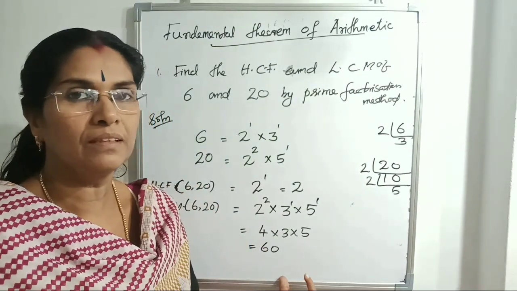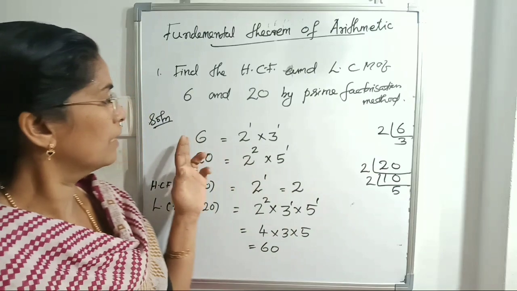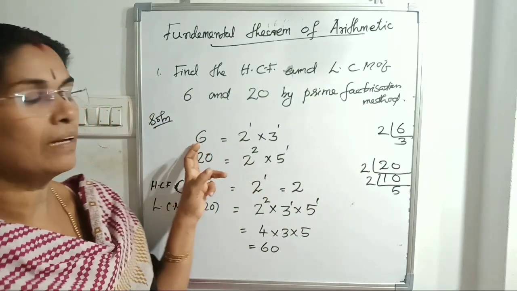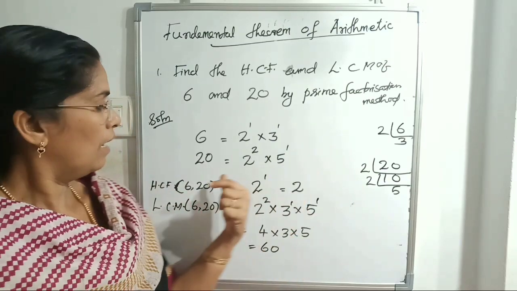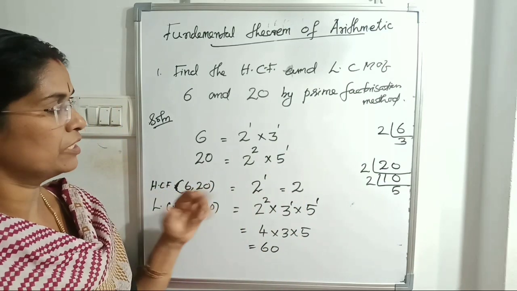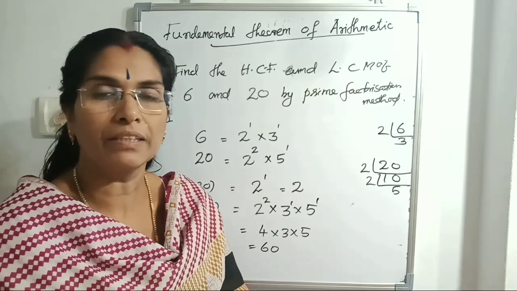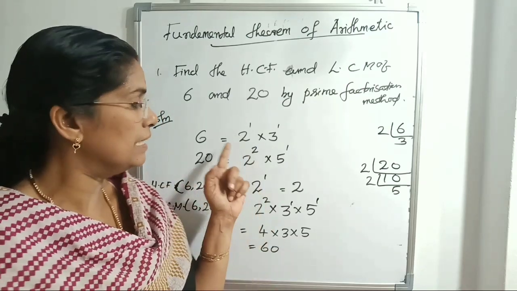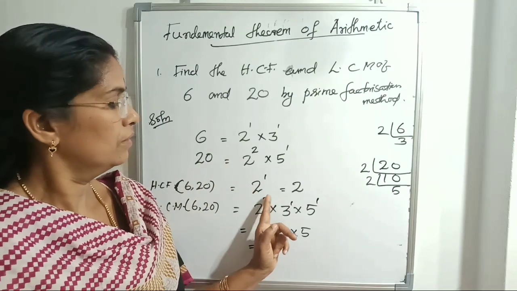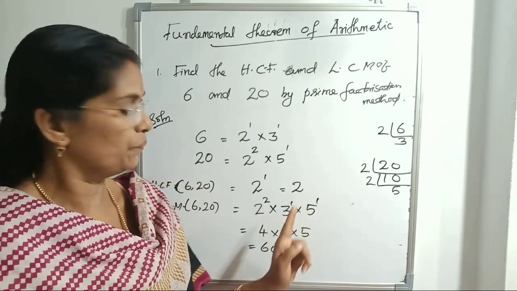Clear this method? I want to repeat. One more time. First we write the given numbers as a product of prime numbers. After that we find the HCF. First you write the common factors only. Among these common factors, you write the least power. So here it is 2.